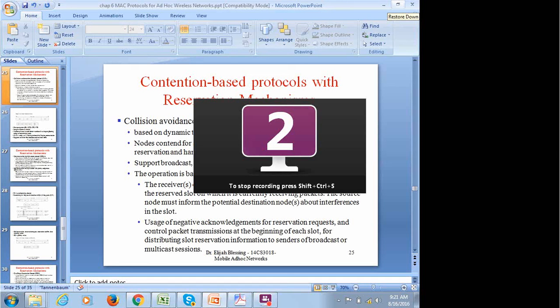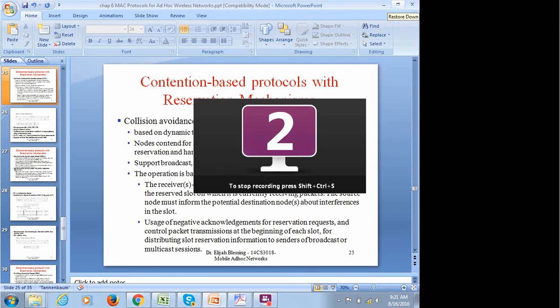Now this protocol was developed with a very important objective of providing integrated services. What do you mean by integrated services?